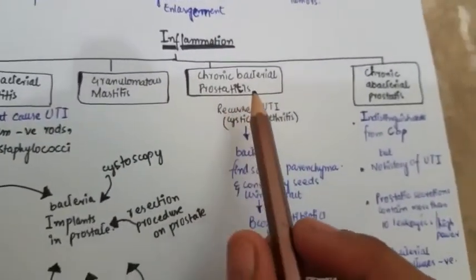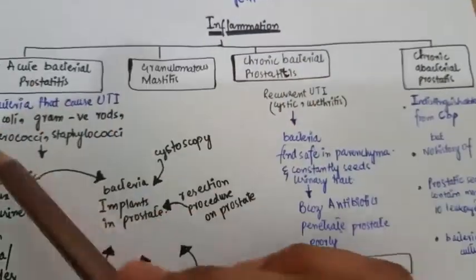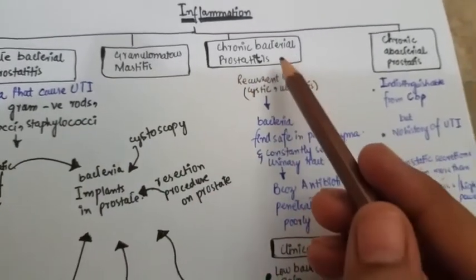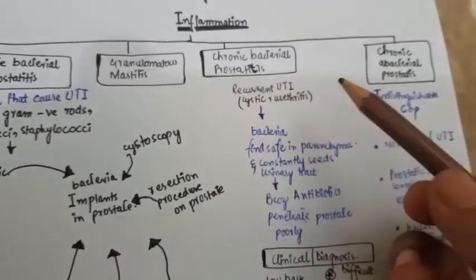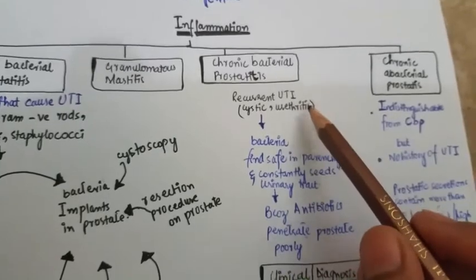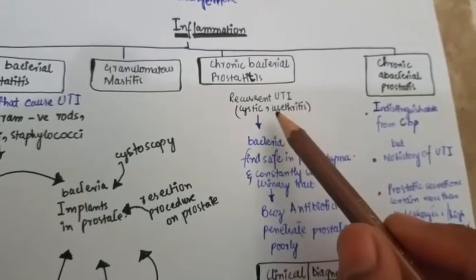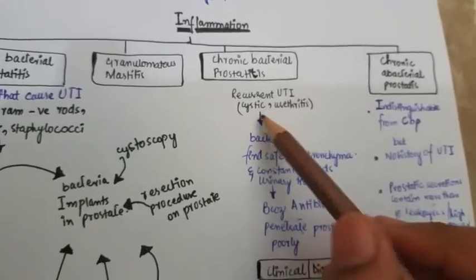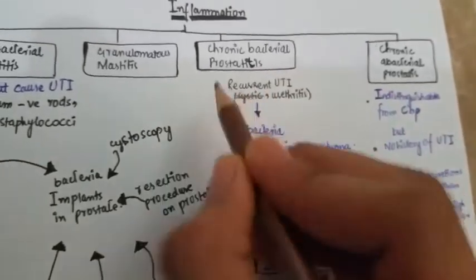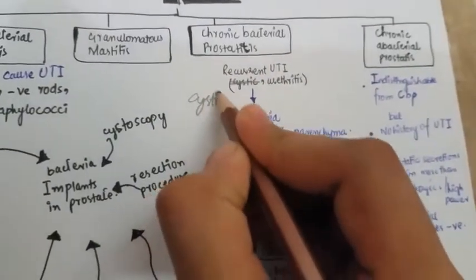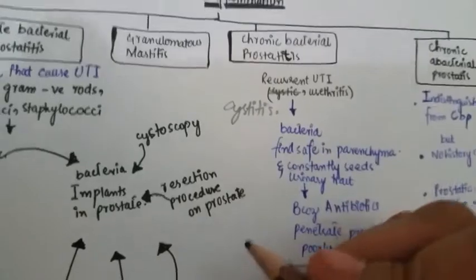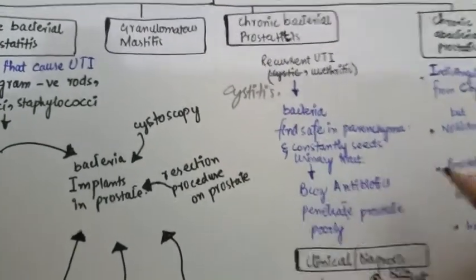What is chronic bacterial prostatitis? The same bacteria are implicated in chronic bacterial prostatitis. What are the causes? Recurrent UTI, cystitis or urethritis. Why?